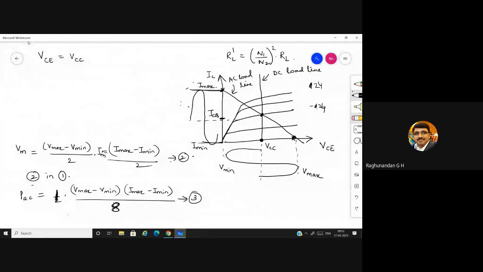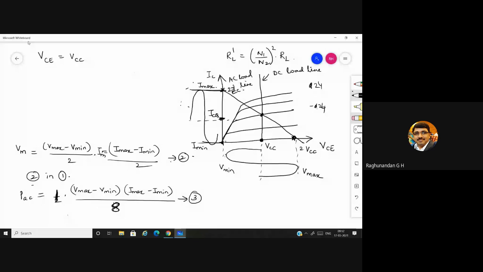From here to here it is VCC, so from here to here how much will it be? Almost double, 2 VCC. From here to here it is ICQ, which is almost half the length of the IC, so this point I can call 2 ICQ.